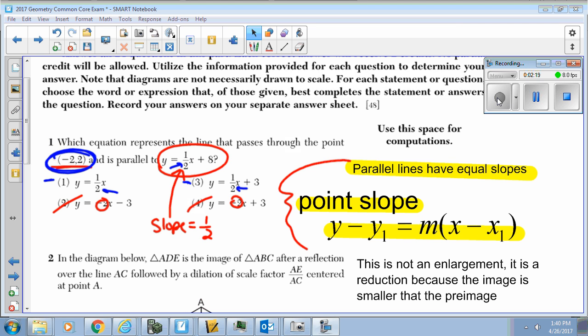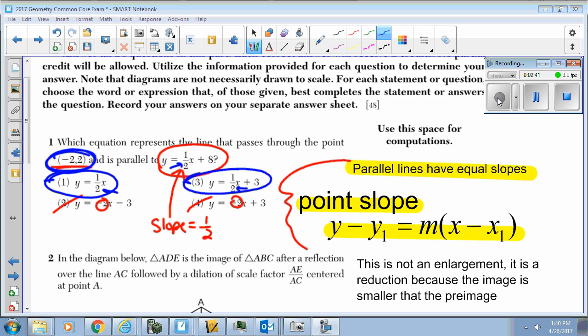We actually plugged in the formula during class. If you were there, I would actually go to the calculator and just plug in both of these equations and see which one goes through -2, 2. So I'm going to go to the calculator, and I'm going to plug in this one, and then we can eliminate one of them, because only one of them goes through -2, 2.